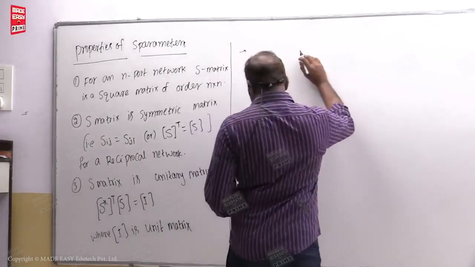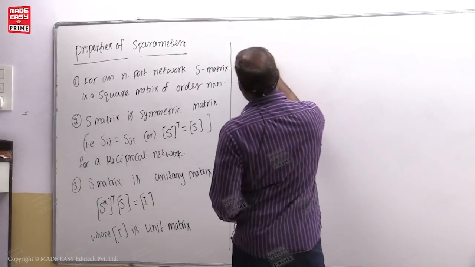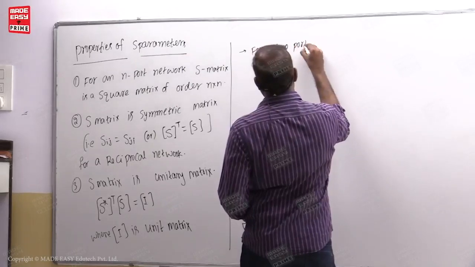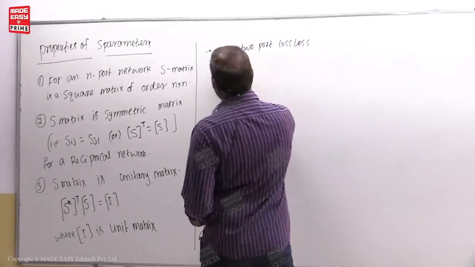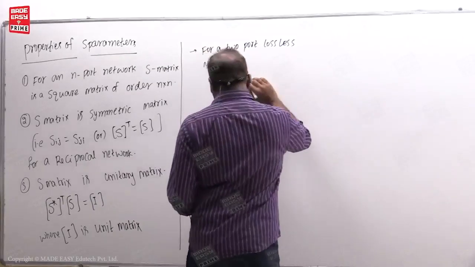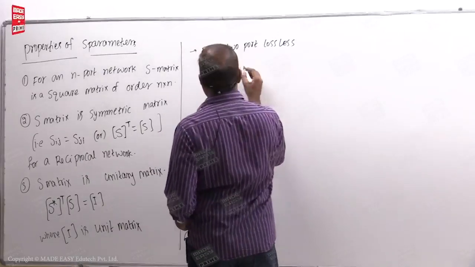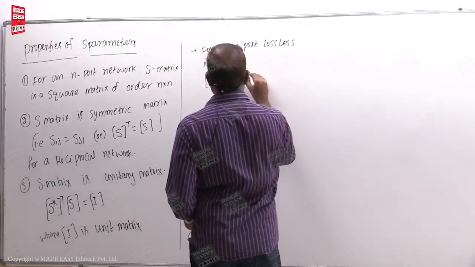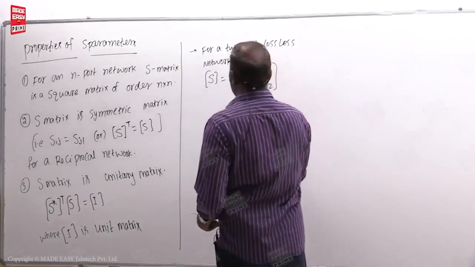So here I am writing an example for a two-port lossless network. For a two-port lossless network, first I will write the S matrix. S matrix is equal to S11, S12, S21, S22.